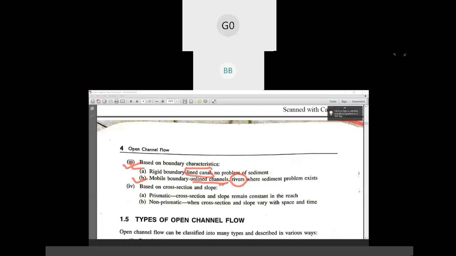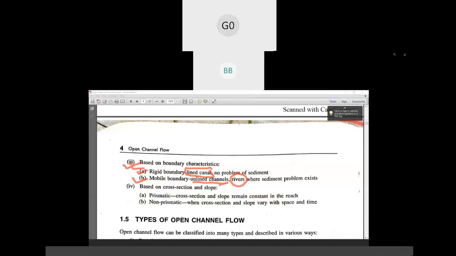In unit 2. So now we are going to just skip this thing, and we will discuss in details in the next chapter when we are going to design the lined canal and unlined canal. So just for your reference, always remember mobile boundary is for your rivers.